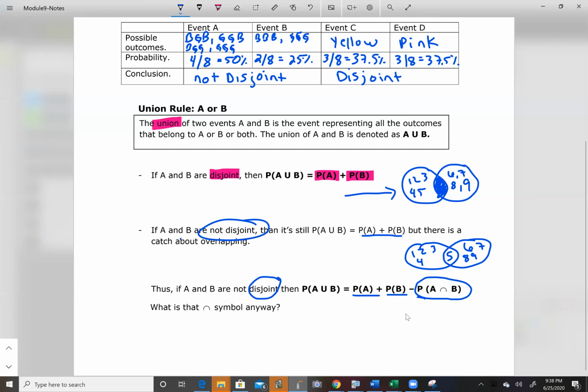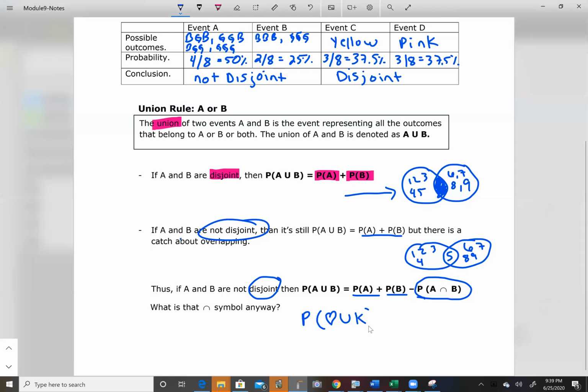That is like if you are talking about choosing cards. Let's say, I'm making this up, so I hope that this example works. Let's say we want to know the probability of pulling a heart or a king.